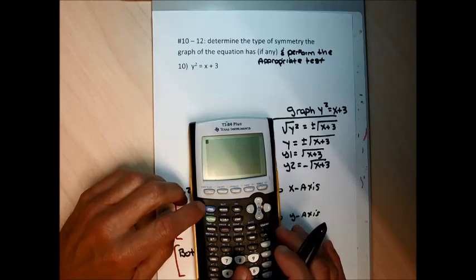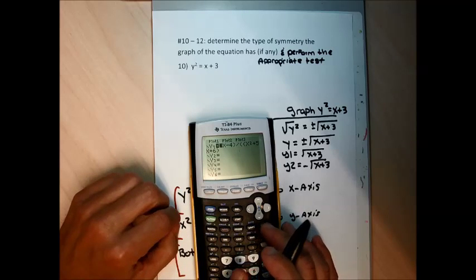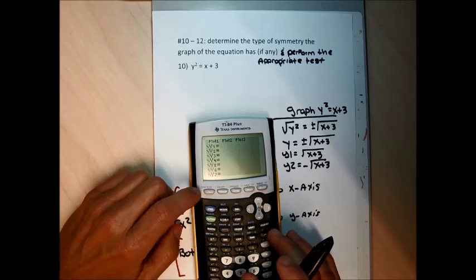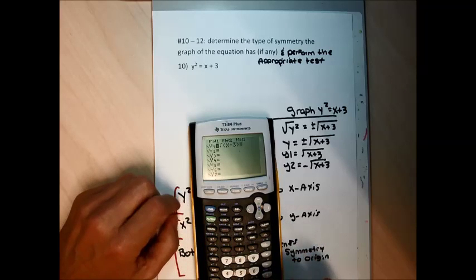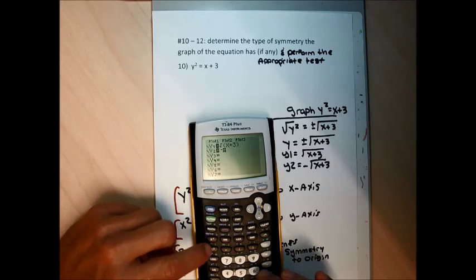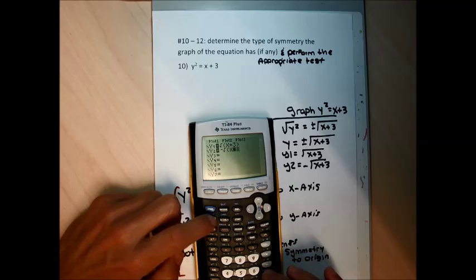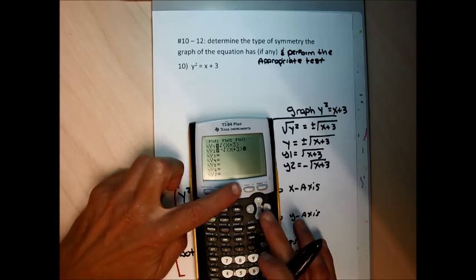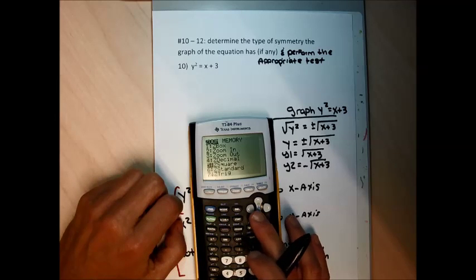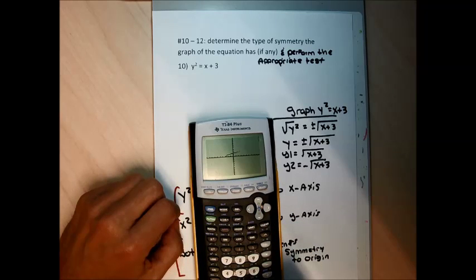Clear, go y equals, clear, and then second square root of x plus 3, and then negative second square root of x plus 3. I don't know what window I used recently on my calculator, so I'm going to hit my zoom button and the standard key.